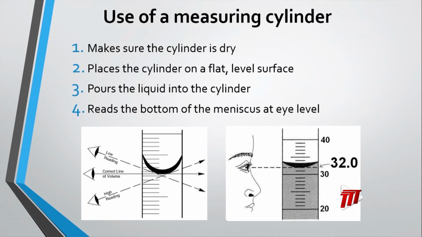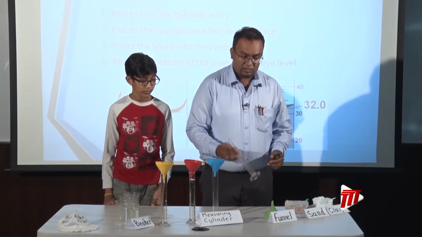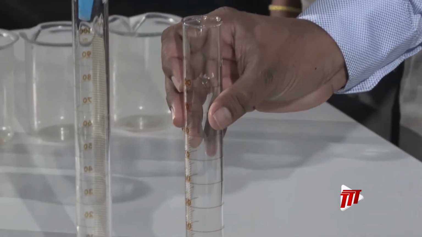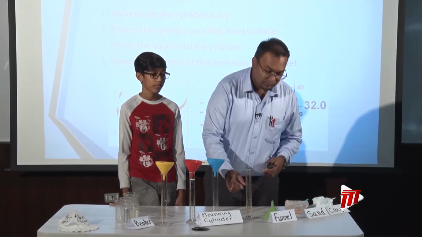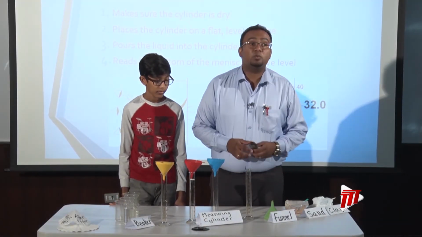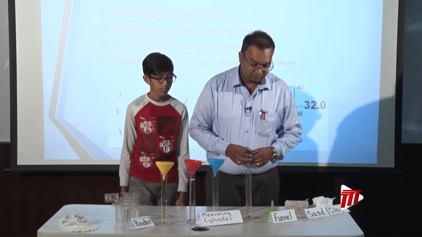Very important thing to note, these measuring cylinders come in different sizes, and the units that we would use would be centimeter cube. Sometimes you would see ml, but centimeter cube would be what we would be looking at here today.